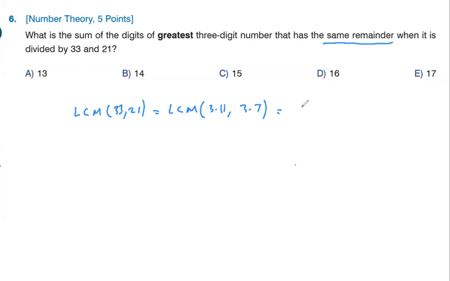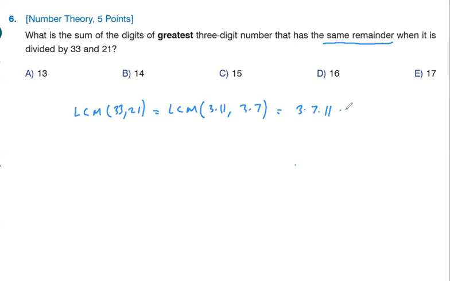Since we have 3 in both, we are going to take that for sure, because it has to be a multiple of 3 in order to be a multiple of 33. But it has to be a multiple of 21 as well, which happens if it is a multiple of 7. And if it has to be a multiple of 33, it should be a multiple of 11 as well. So we just take every number in the prime factorization with the highest power. In this case, it's not a big deal, but in some cases it might be.